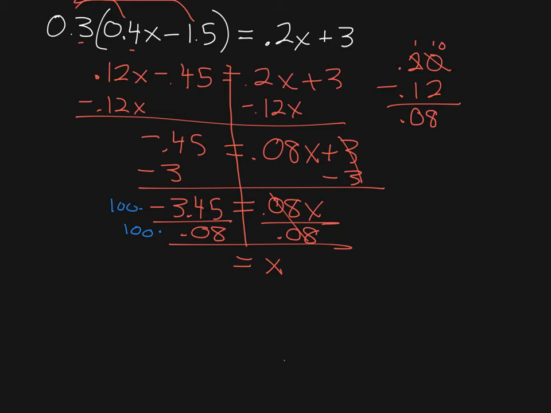So this will become negative 345 over 8 as we move both of those decimals over 2 places. Now, I could do long division here, turn this into a decimal, or use a calculator, but I don't want to do either of those. I'm just going to leave my answer as a simplified fraction.